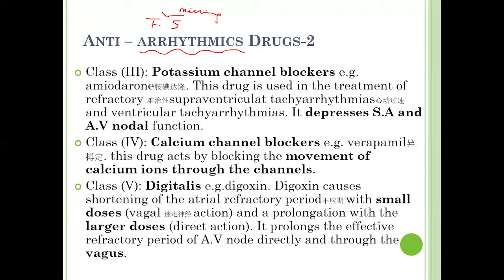Then we have another blocker here, potassium channel blocker. Potassium has a relationship with heart muscle contractions. These kinds of drugs usually treat faster heart rate problems.